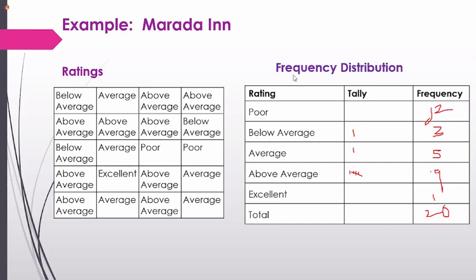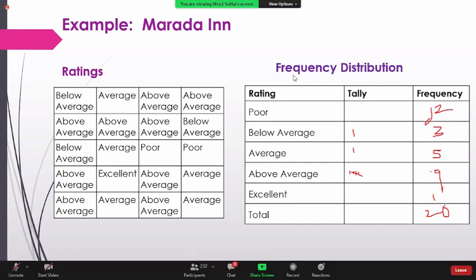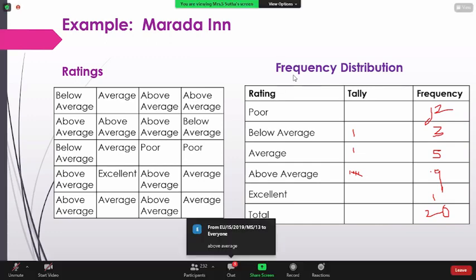Which rating occurred most? The most occurred rating, what is it? The most happening rating. Above average.